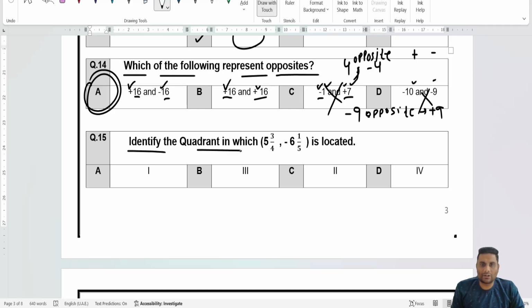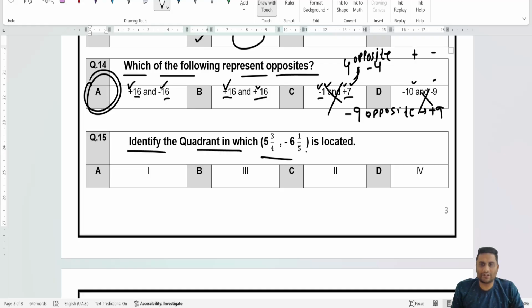Identify the quadrant in which these coordinates are located. To do questions based on quadrants, you do not have to draw the quadrant every time. I will simply tell you a trick. Just remember it, and questions will become very easy for you. This is my quadrant.